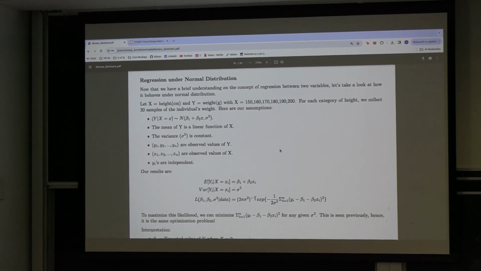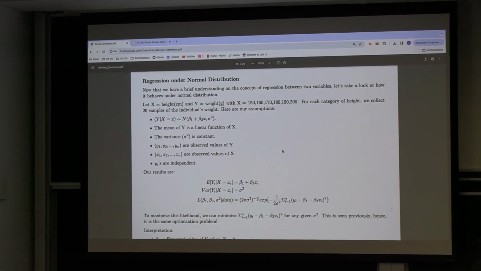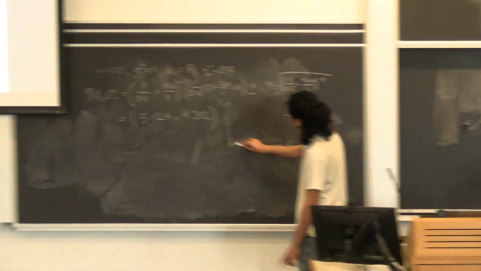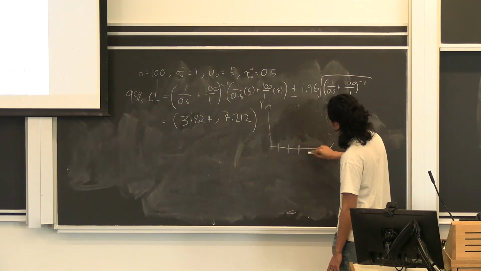This is the case where you have multiple points of x, and then for each one of those x's, you can assume that there's a normal distribution laying on top of it. So, for example, you have y, you have x over here. So x is height, y is weight. Let's see, per height, what's the weight?